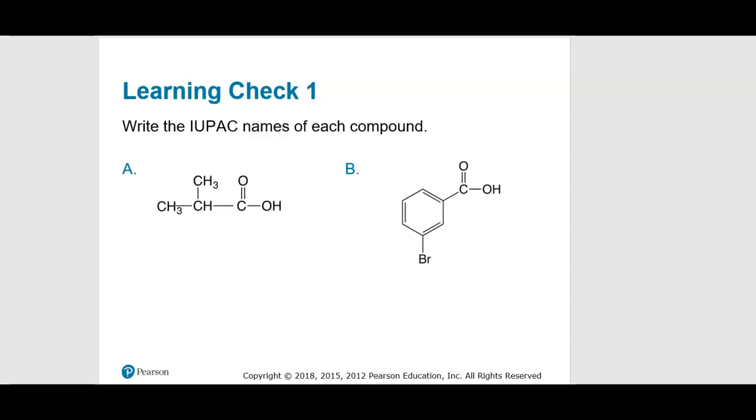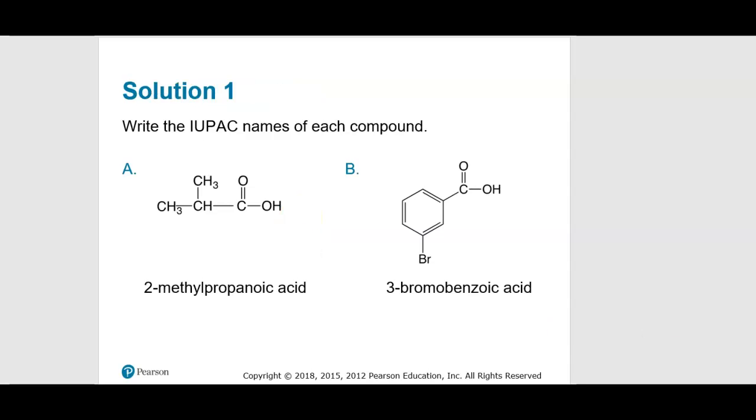And there's a bromine on it. All right, well, it's going to be a bromobenzoic acid. And this is going to be a methylpropanoic acid. And they put the numbers down here. It's 2-methylpropanoic acid and 3-bromobenzoic acid.